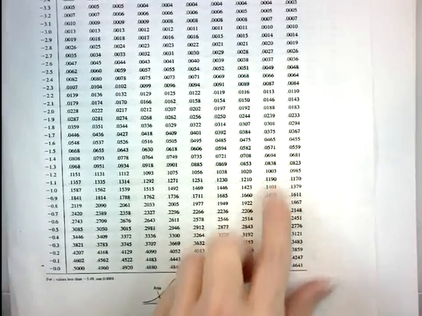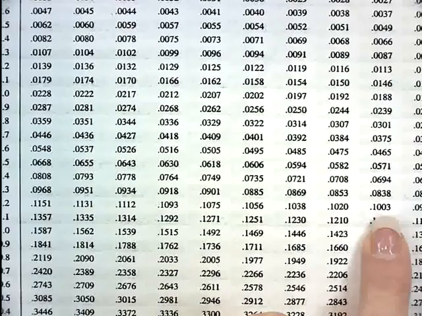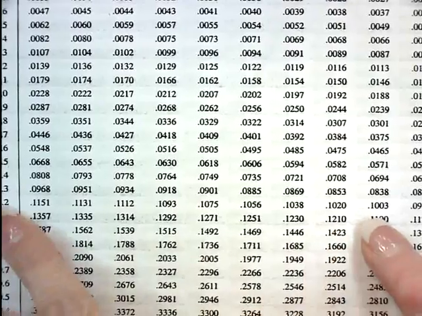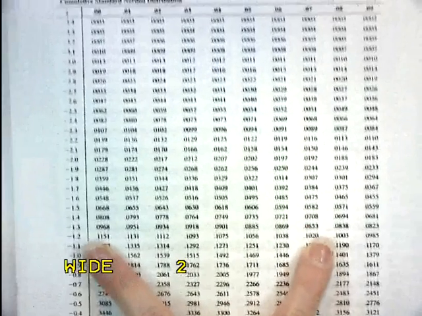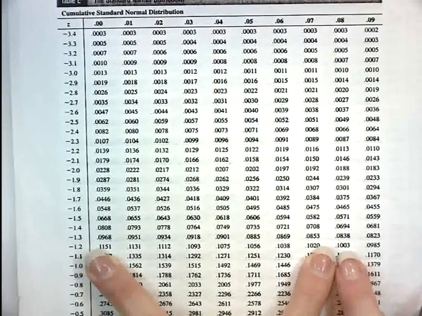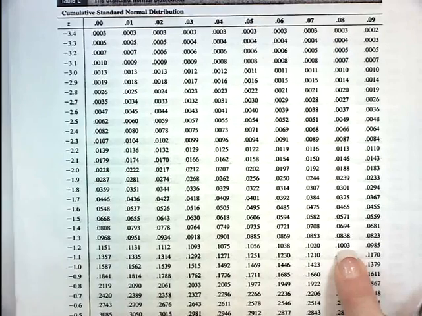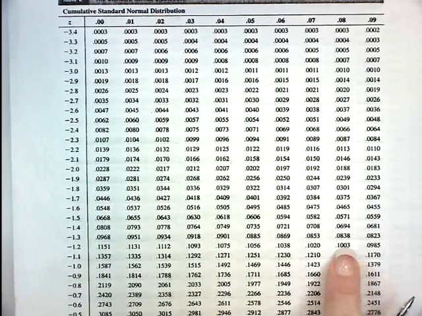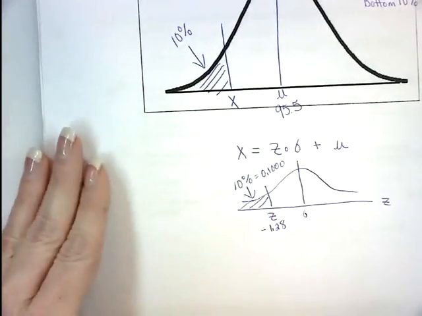And that is here. 0.1003 is the closest. You will work your way out and up. Out goes to a negative 1.2, and up goes to a negative 0.08. So the z-score is a negative 1.28 if you look up the closest area to 10%, which is here. So the z-score, negative 1.28, marks the bottom 10%.